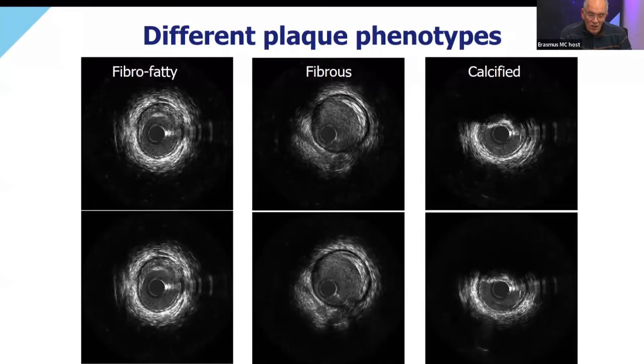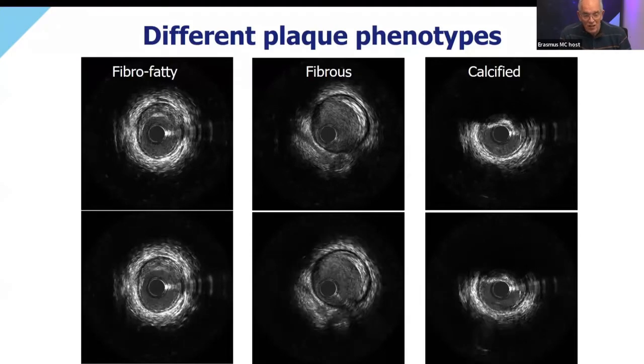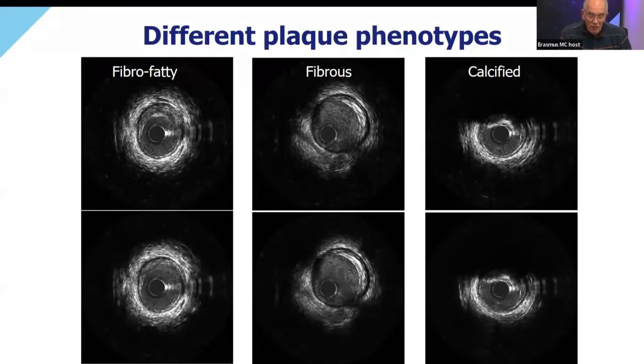You look at the cross section, you see the media, and you look at the outside of the vessel, and that you take as your reference density. All the plaque that is darker than the reference density, you can consider as fibrofatty. It's a bit roughly said.